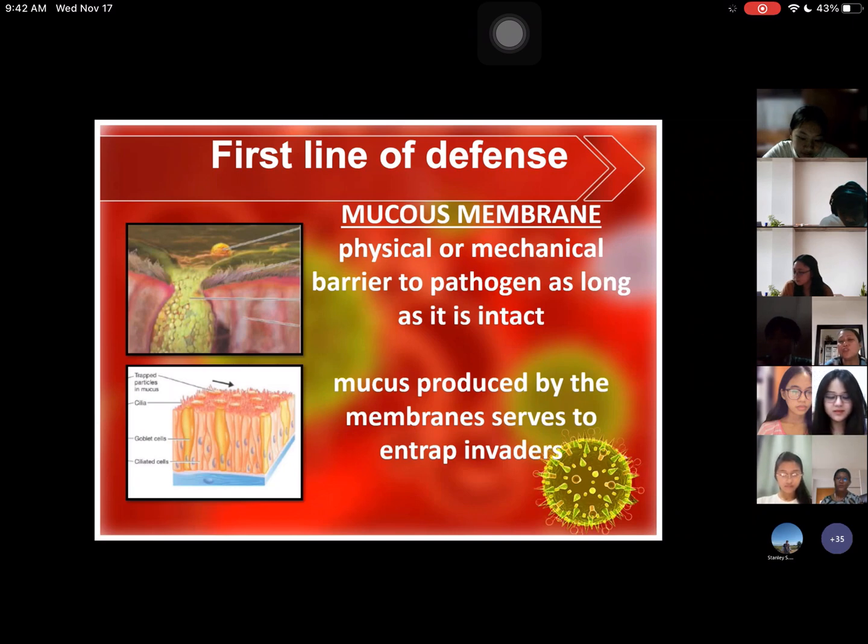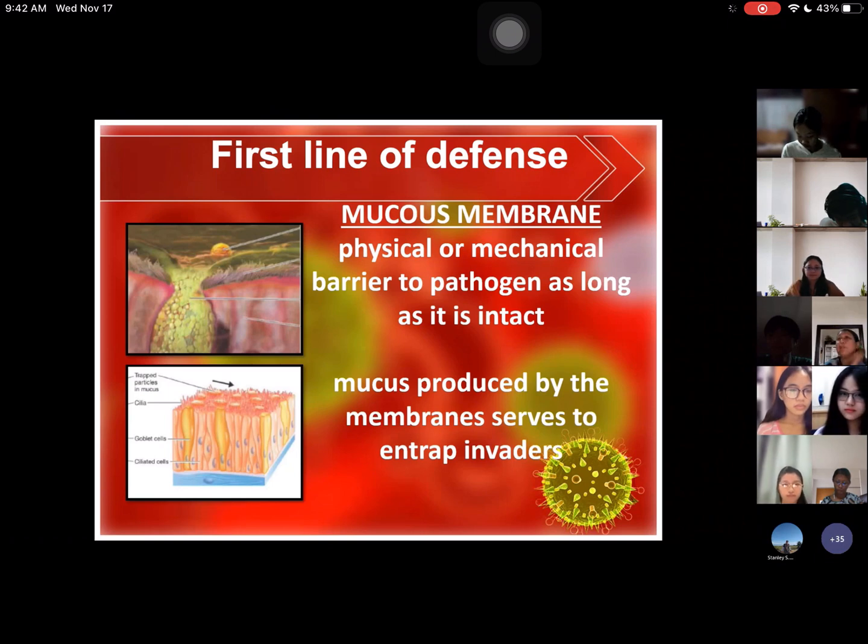The mucus produced by the membrane serves to entrap invaders. Since the mucous membrane has mucus on it that can easily trap the invaders, it also helps defend our system from invaders.